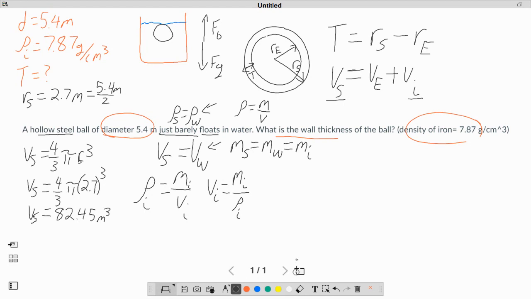So how do we find this mass of the water? Well, we just plug in what we know for water here. I'm going to substitute in this stuff for water. The mass of water equals ρV.